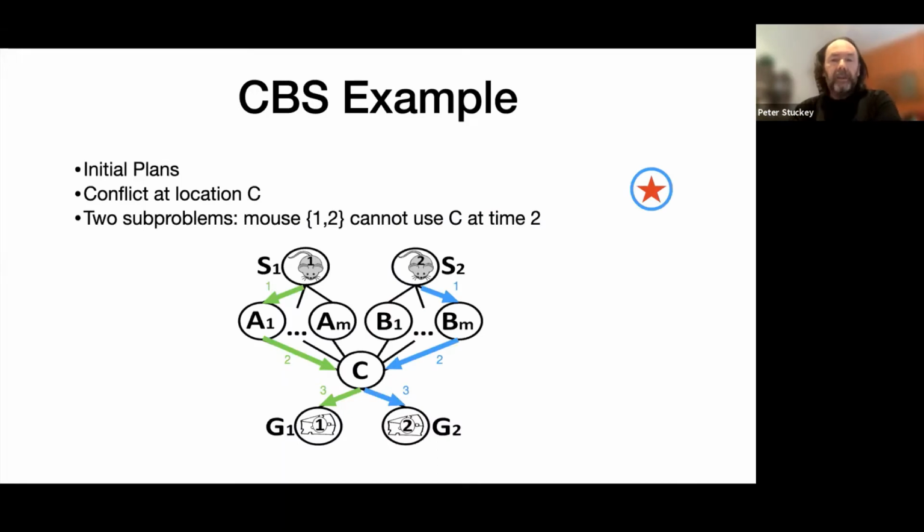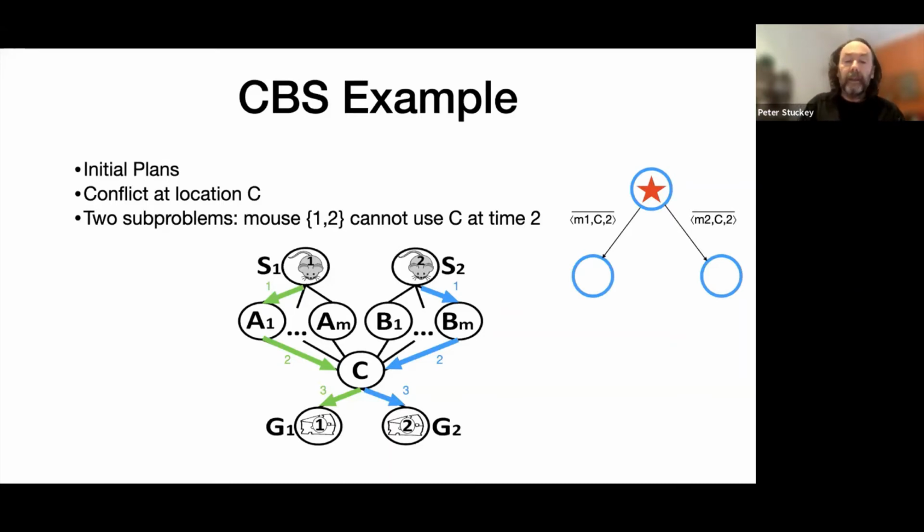So let's have a look at an example. Here are our initial plans. The first agent goes from A1 to C to G1. The second agent goes from BM to C to G2. And we've got a conflict at C at time 2. So we're going to split. On the left branch, we're not going to allow the first mouse to use location C, which is the conflict location, at time 2.